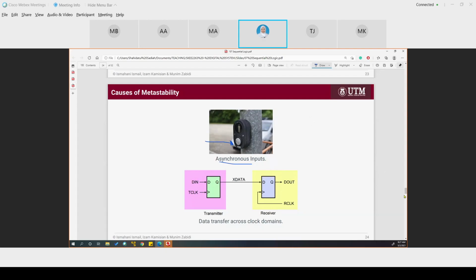So what we do is we add this circuit, which is the synchronizer, where when this button is pushed, this flip flop will hold the value here.